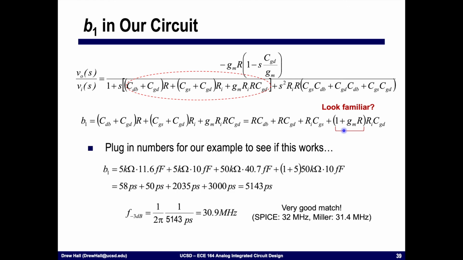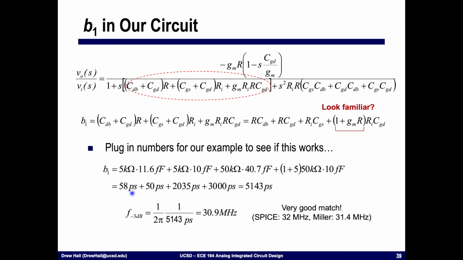And so if I plug in numbers from our example and calculate time constants, and when I say time constants, it's really that anytime I multiply a resistance by a capacitance, I'm going to get the unit seconds. It's a time constant. And so I would get that B1 was equal to 5.1 nanoseconds.